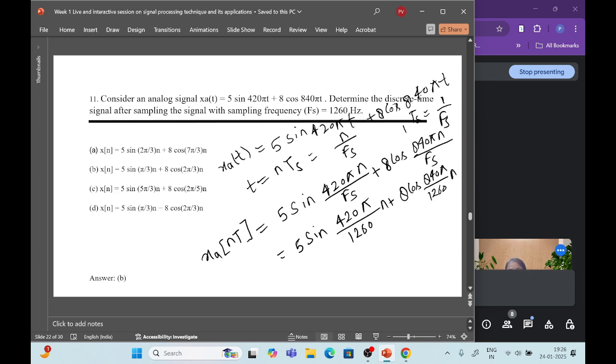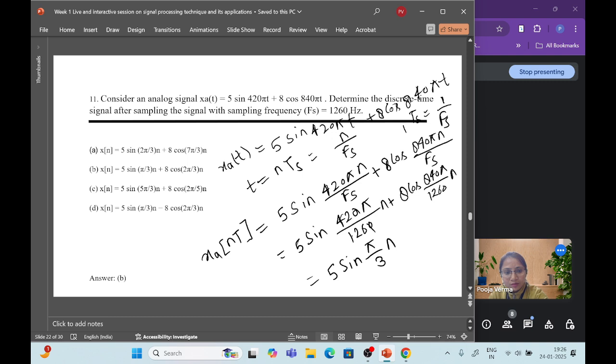Right? Now divide it. If you just divide it, you will get pi by 3 n.